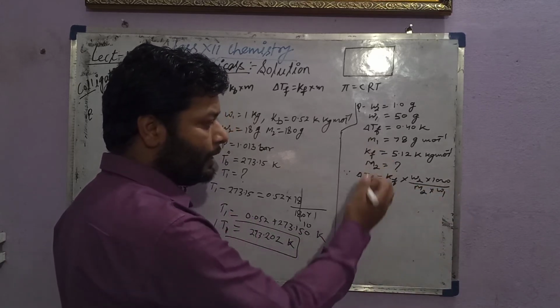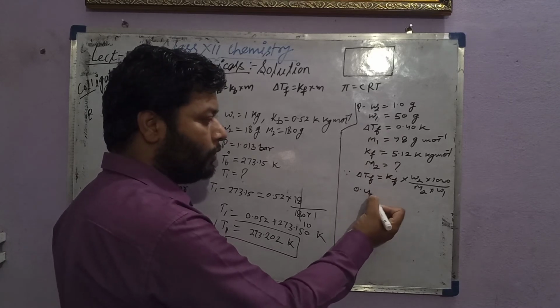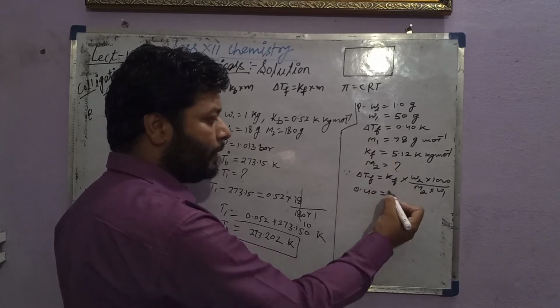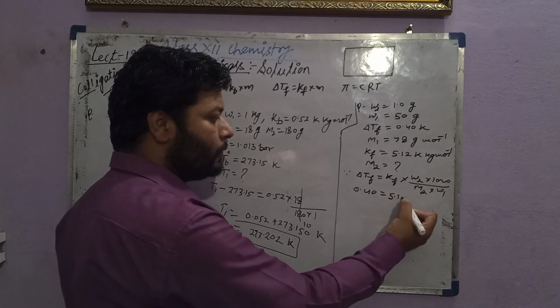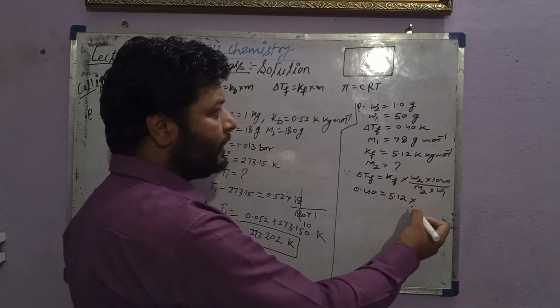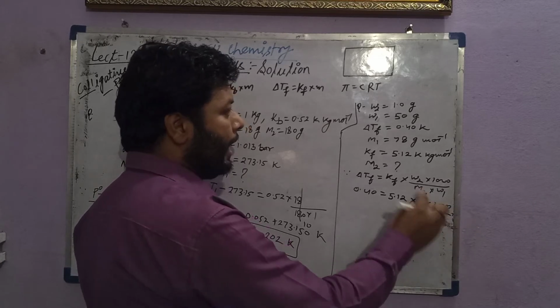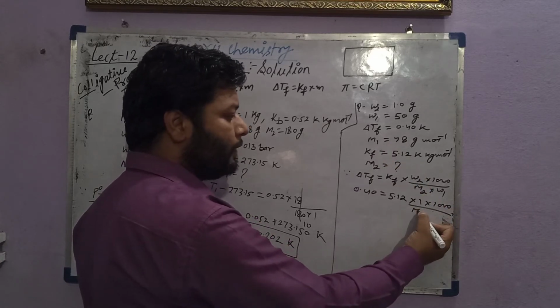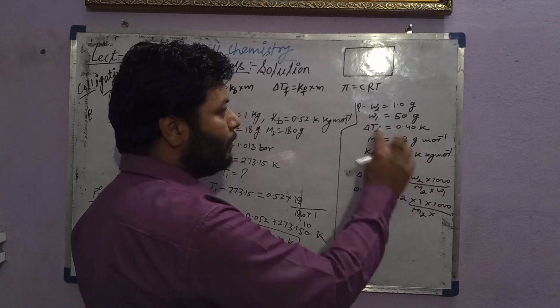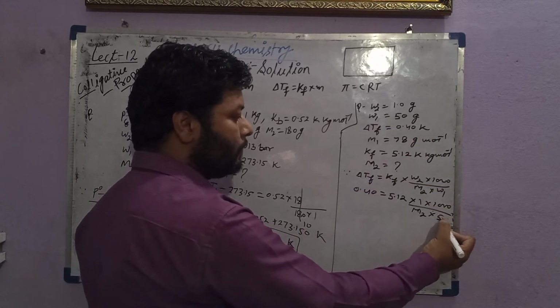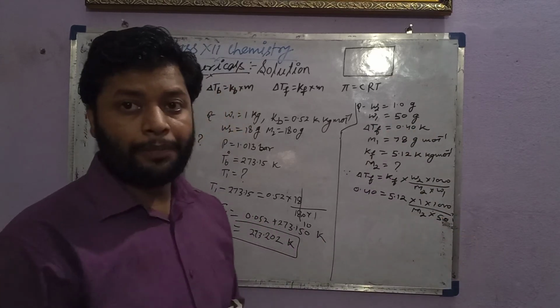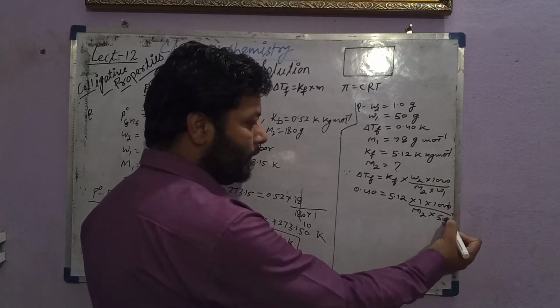So delta TF is 0.40, Kf is given 5.12, W2 is given 1, M2 they are asking, and W1 is given 50. So first just try to solve this.